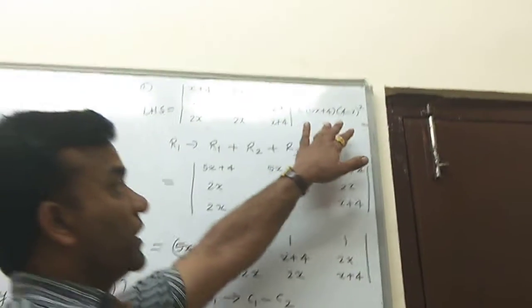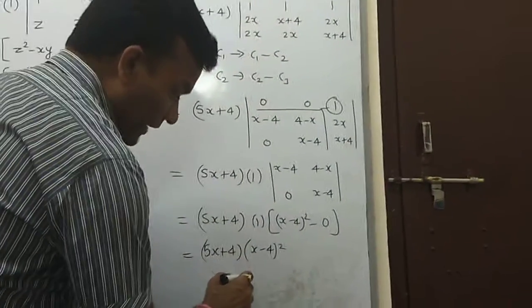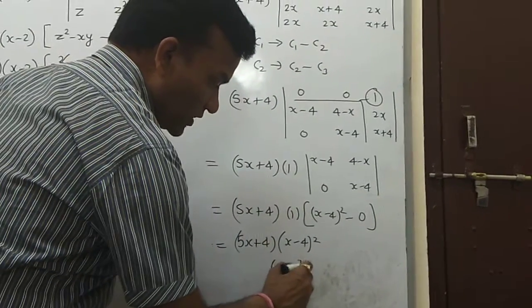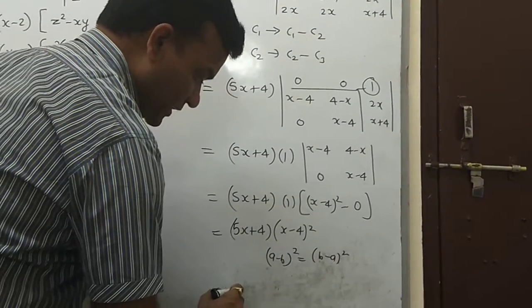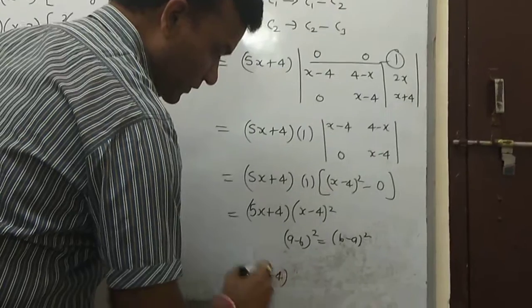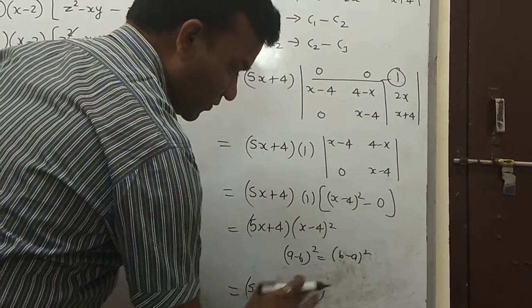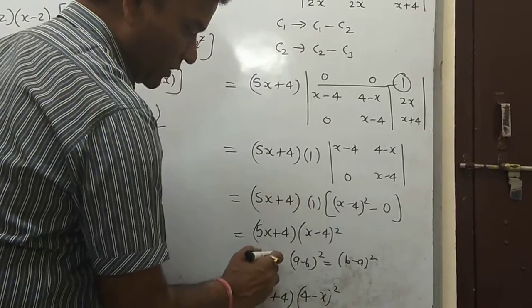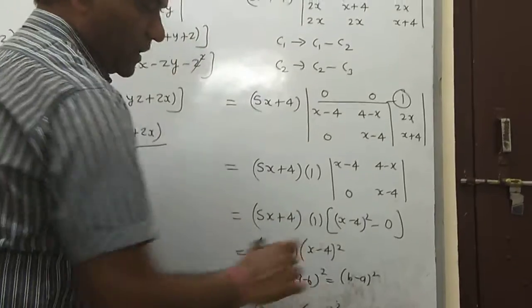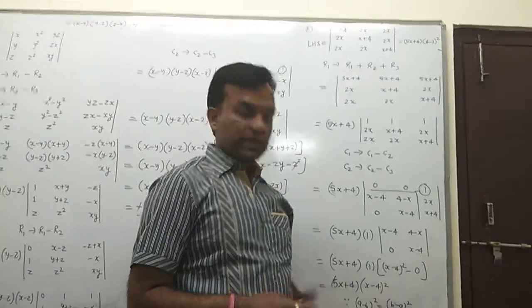But in the answer you write 4 minus x. We know that (a minus b) whole square equals (b minus a) whole square. So your answer is 5x plus 4 and (4 minus x) whole square. That is the same because of the identity: (a minus b) whole square and (b minus a) whole square, both values are the same.